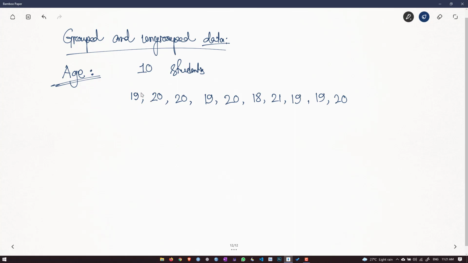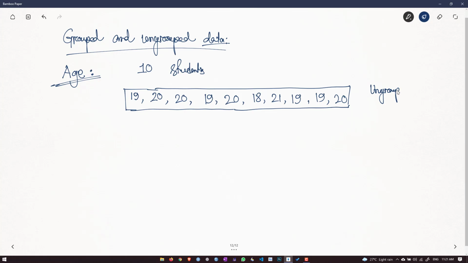Now if you keep the values as it is, how you record it, we have not treated this data anything else, just simple raw data, just simply writing down the data without any classification, without any grouping or merging, etc. This type of data is called ungrouped data. So we have not grouped this data.